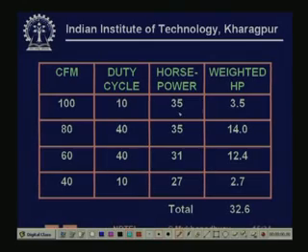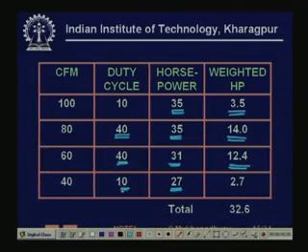So 35 horsepower level stays 10% of the time, therefore the weighted horsepower is 3.5. We are trying to calculate the average horsepower, right. Similarly, 35 again stays 40% of the time, that is 14, then 31 stays 40% of the time, that is 12.4, and 27 stays 10% of the time, that is 2.7. So the average horsepower requirement is 32.6.